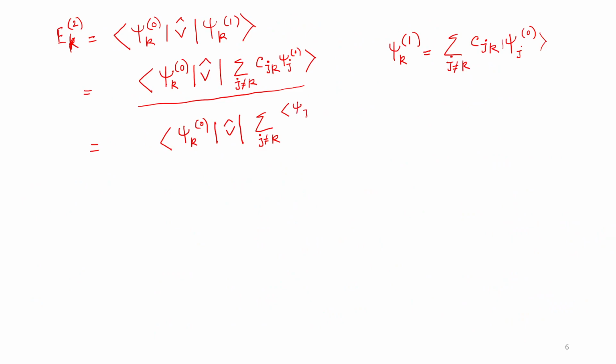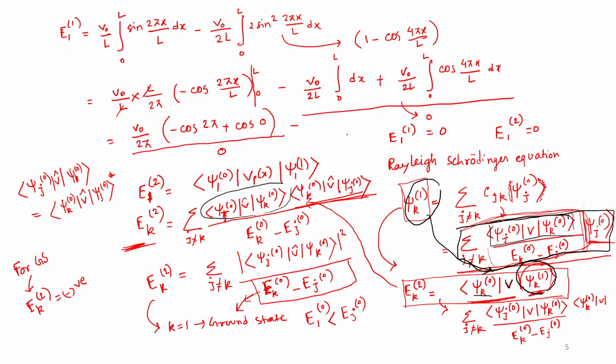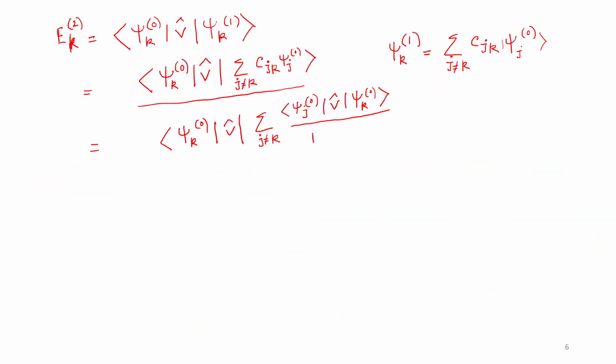This is zero. Then V, then psi k zero. psi k is zero. Then there is some numerator, right? Denominator, sorry. E k zero minus E j zero. Right, and there is this I j zeroth.